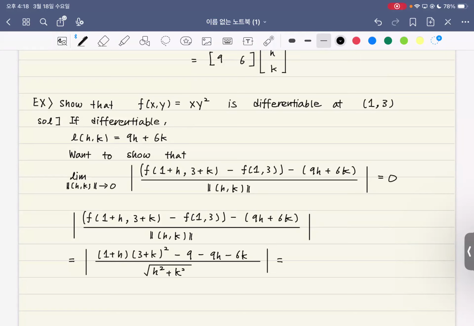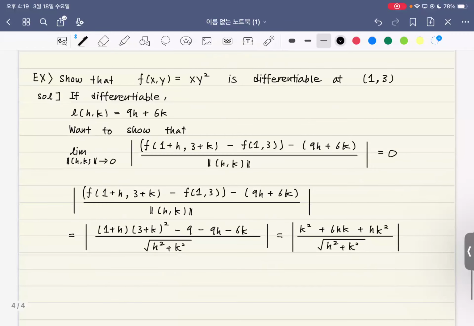Yeah, we have such an ugly expression. So it looks like k squared plus 6hk plus h times k squared, with absolute value. Okay, so we somehow ended up with this expression.